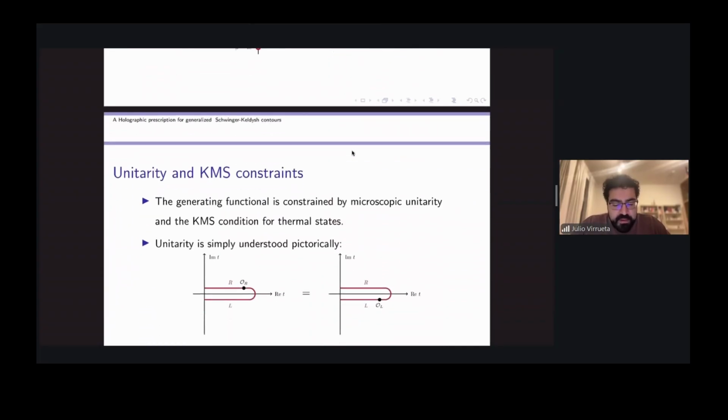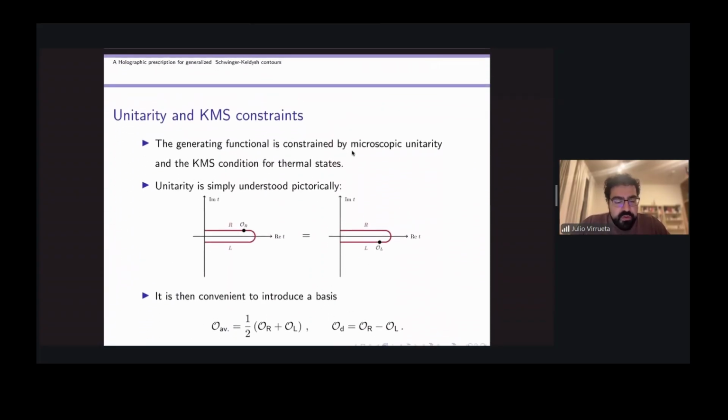But now, something that was mentioned in a talk before is that when one does these Schwinger-Keldysh contours, there are constraints that are imposed on the generating functional. Two of them that are important are the constraints of microscopic unitarity and the KMS condition.